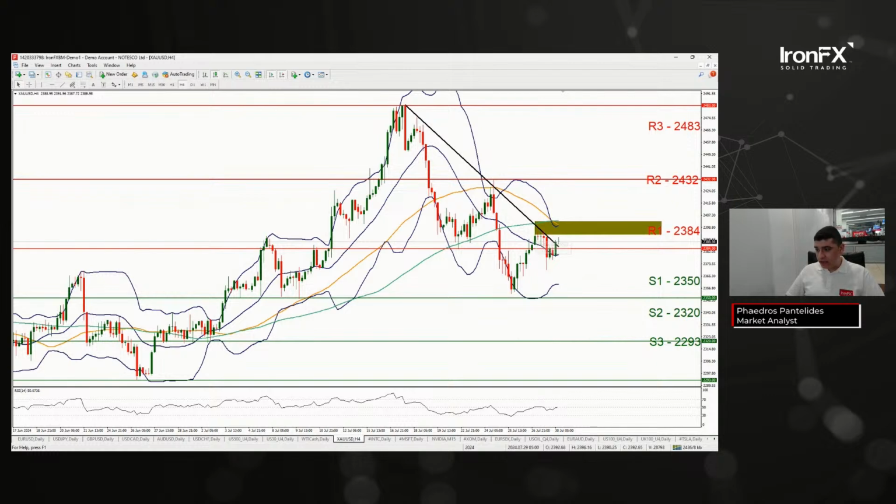Essentially, you can see by the four wicks that occurred. So take the most recent price action, bullish and bearish candles. Heavy selling pressure. Now, we need a lower high.